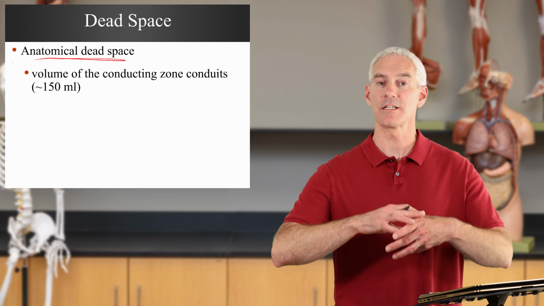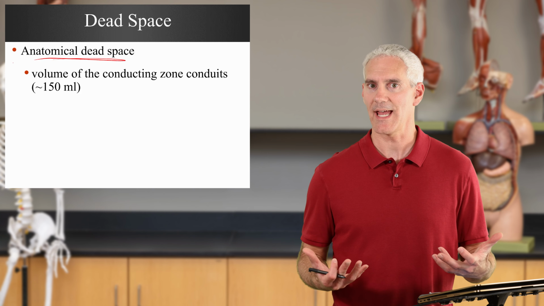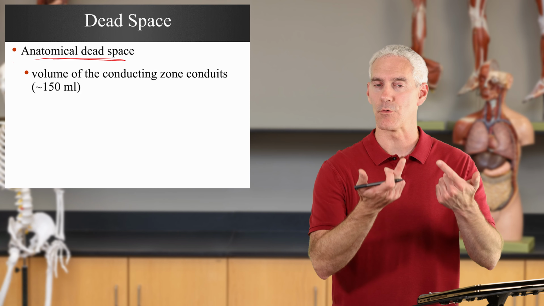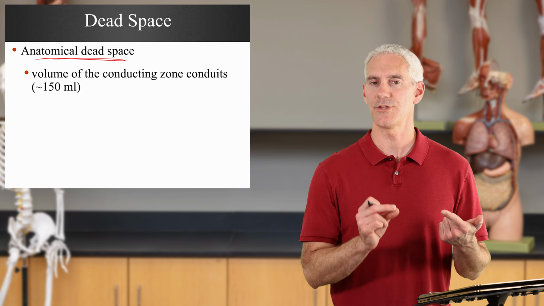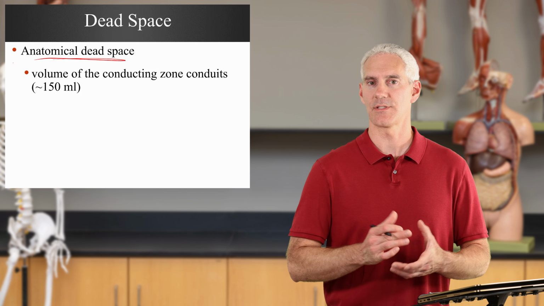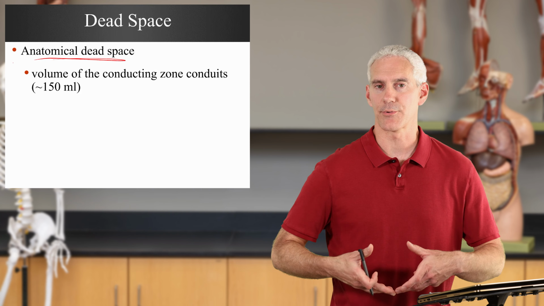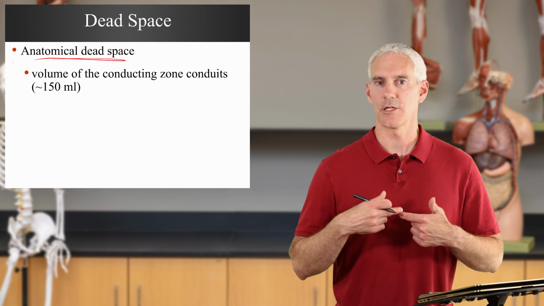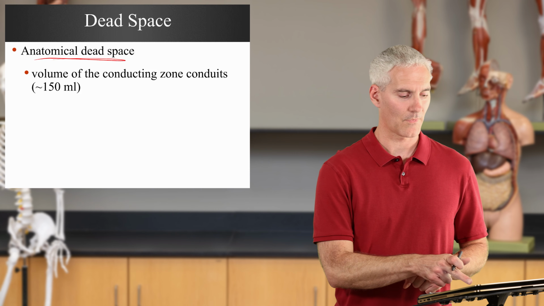So that entire conducting system doesn't exchange gas. So anything that goes into there sits there and then just comes back out without reaching the alveoli or the respiratory zone is dead space. You can't use that air. So think about it. You take a breath in, everything that's stuck here right now is not functional. You breathe out, it leaves.